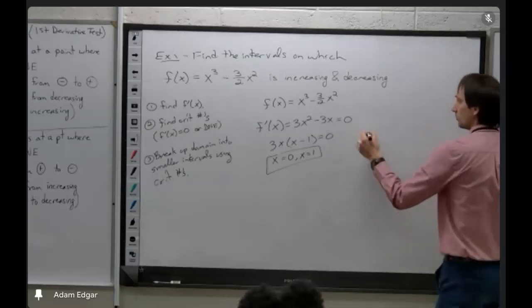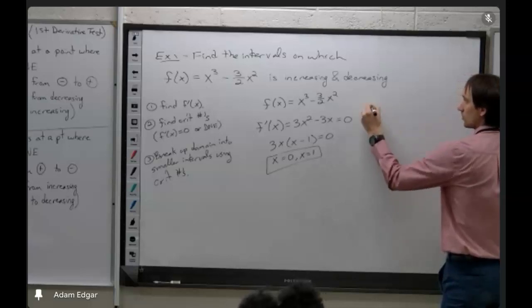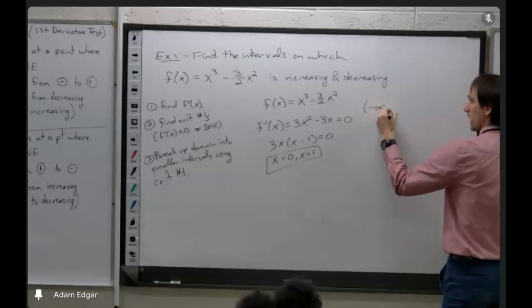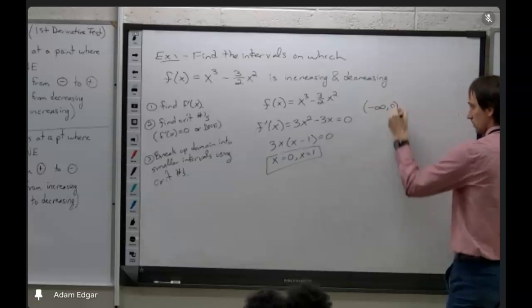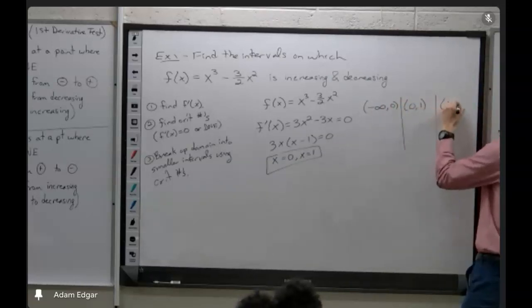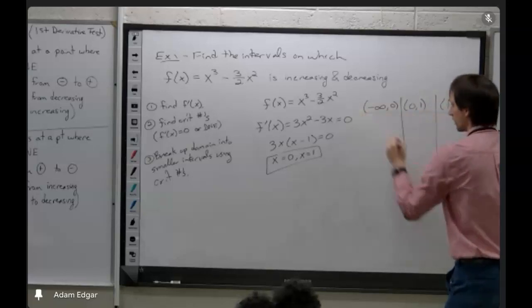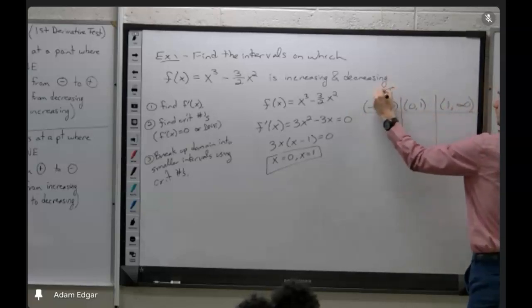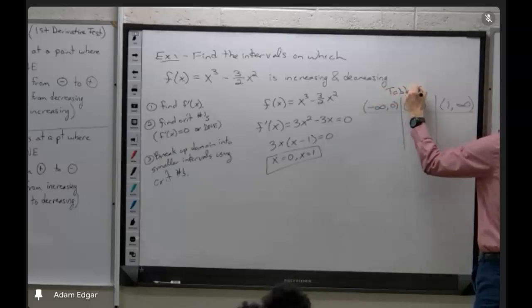So for the domain, you go from minus infinity to 0, and then from 0 to 1, and then from 1 to infinity. Those are your 3 intervals. Call this the table of intervals.